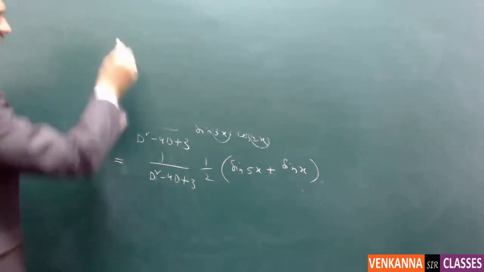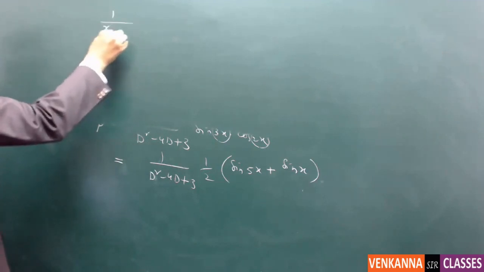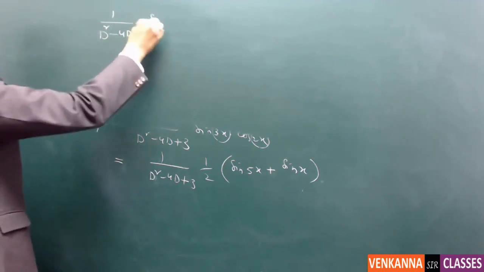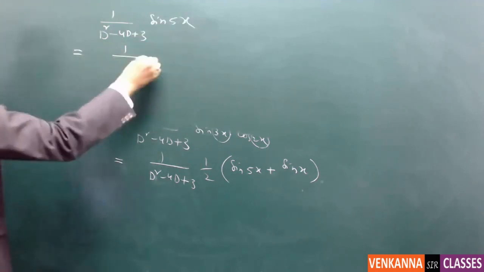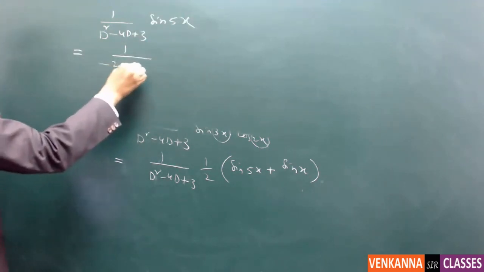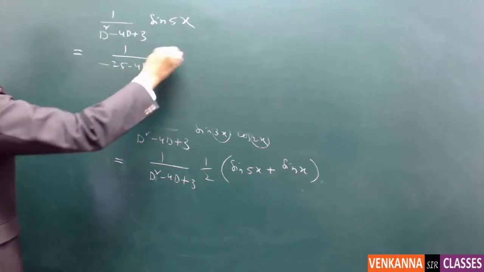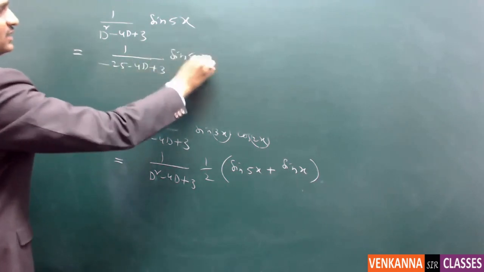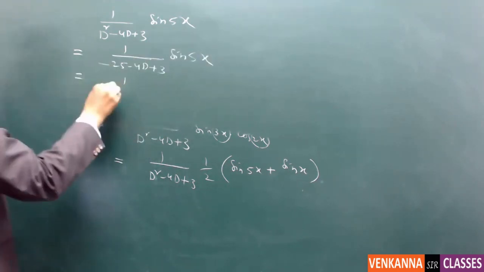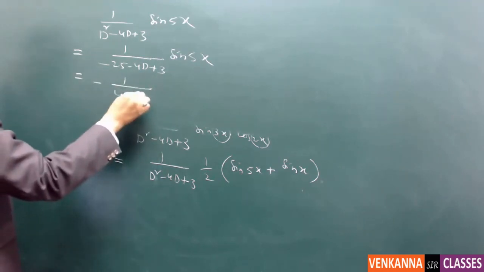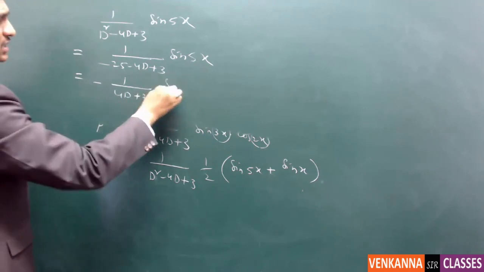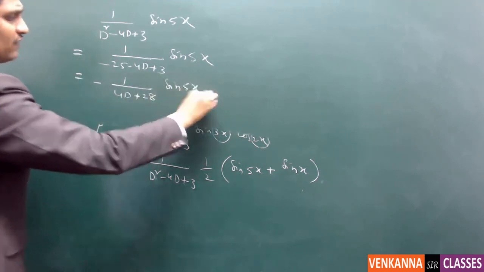So just consider the part that 1 by d square minus 4d plus 3 into sin 5x. If you replace this, 1 by minus 25 minus 4d plus 3 into sin 5x. So 1 by minus 4d plus 28 sin 5x.